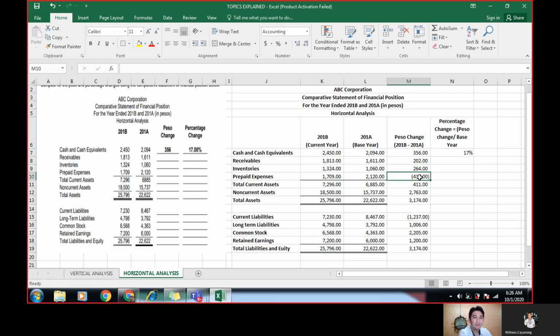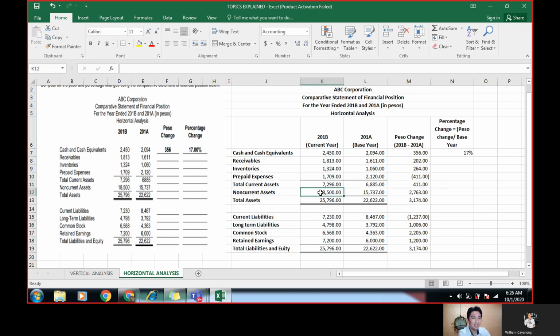Prepaid expenses, medyo bumaba siya. Wala tayong mga advance payments on the current year. Bumaba siya ng 411 pesos. So in total, okay, our total asset or current asset from 6,885 tumaas siya. Okay? As in general, it's good. Okay? Tumaas siya ng 411 pa din.